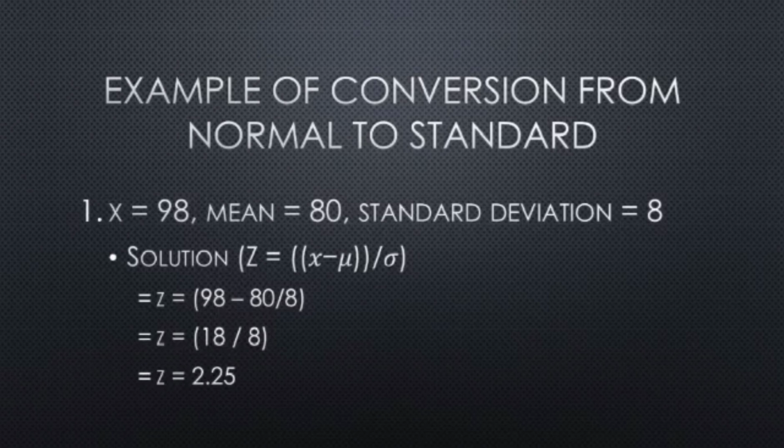Now you will divide these two and get a value of 2.25, which will be your z-score.